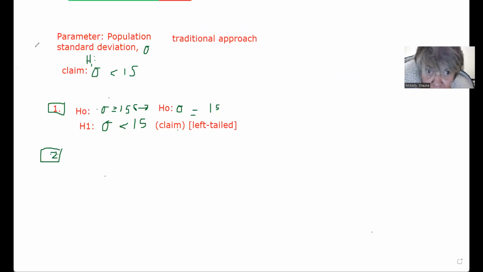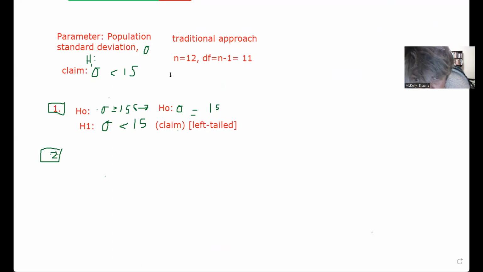This is N equals 12 years. Remember that by extension leads us to DF equaling N minus 1, which is 11.